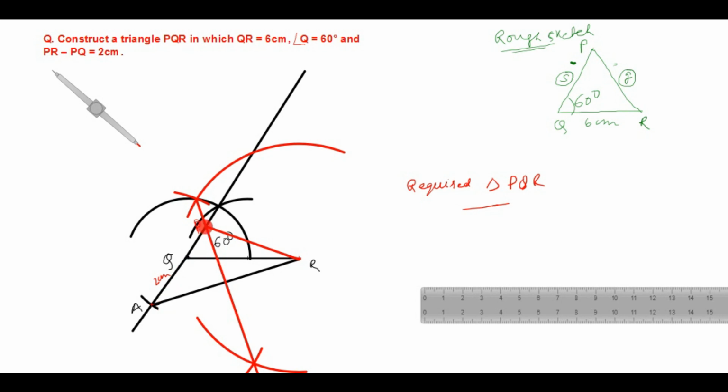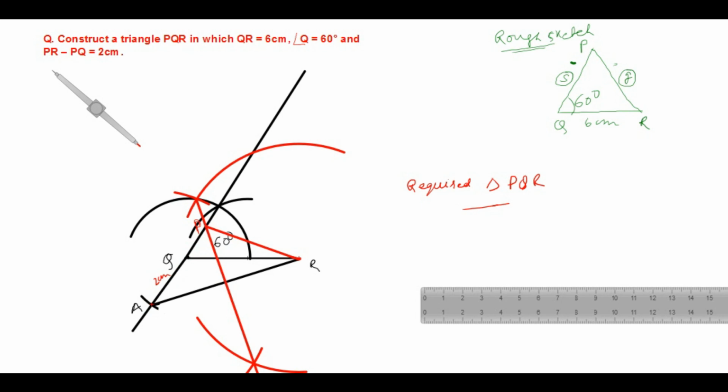So now on drawing the perpendicular bisector, again by the same property, this triangle and this triangle are congruent. So this side equal to this side, this is your 90 degree, and this is common. So by SAS criteria, again these two triangles are congruent. So PA and PR are the same.